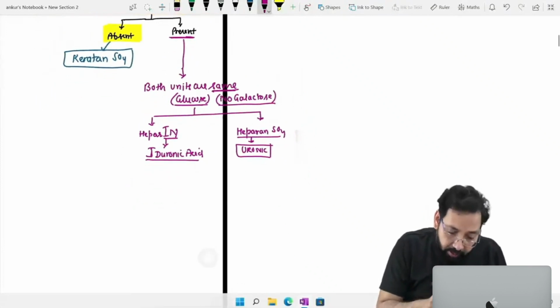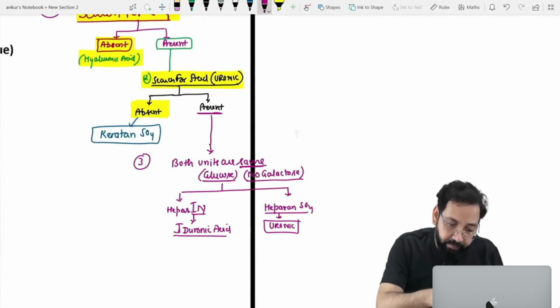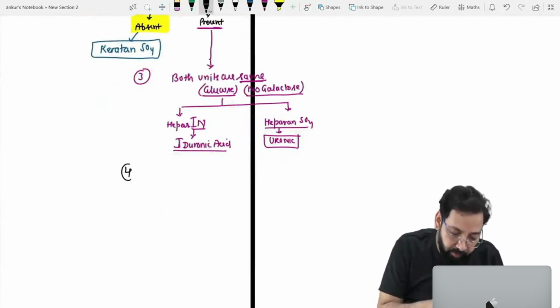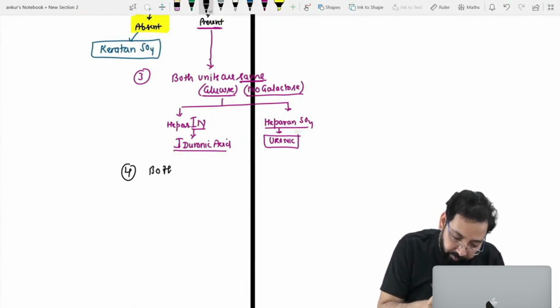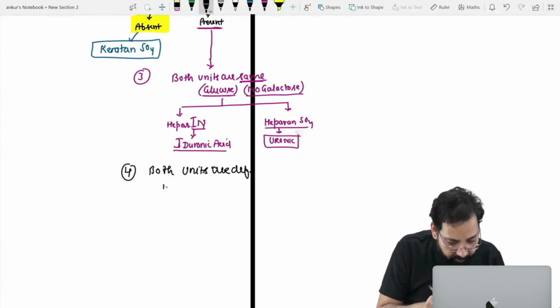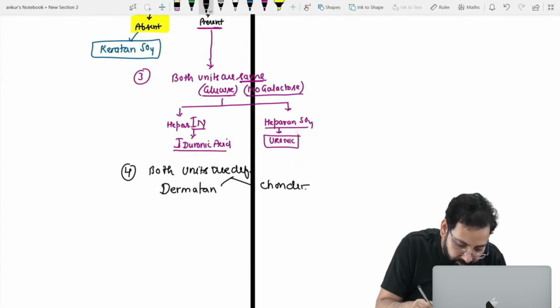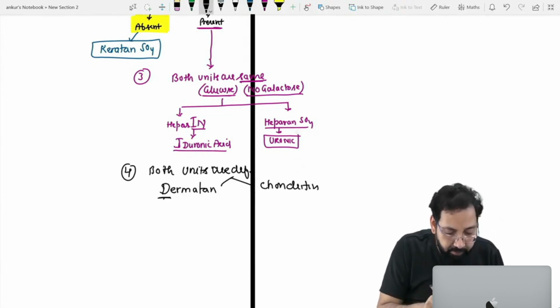So that was the third step. Fourth step: if both units are different, it means dermatan sulfate and chondroitin sulfate. And you can easily remember D for iduronic acid.